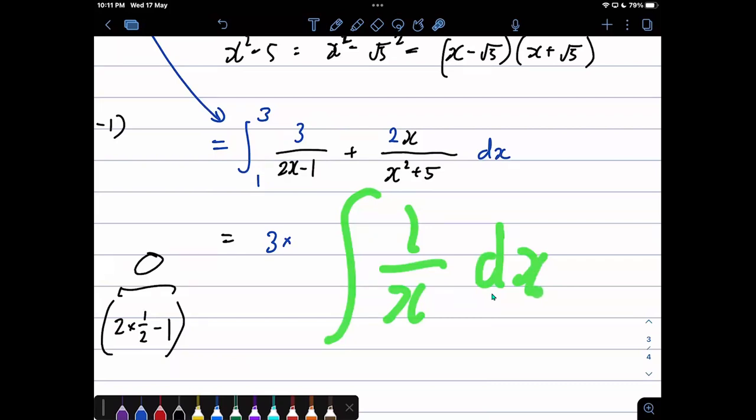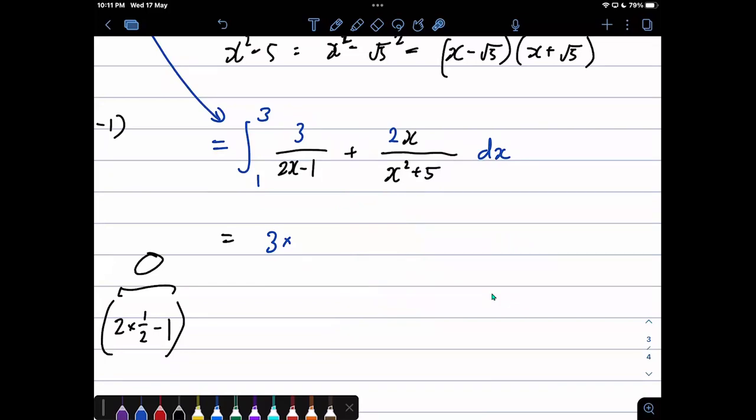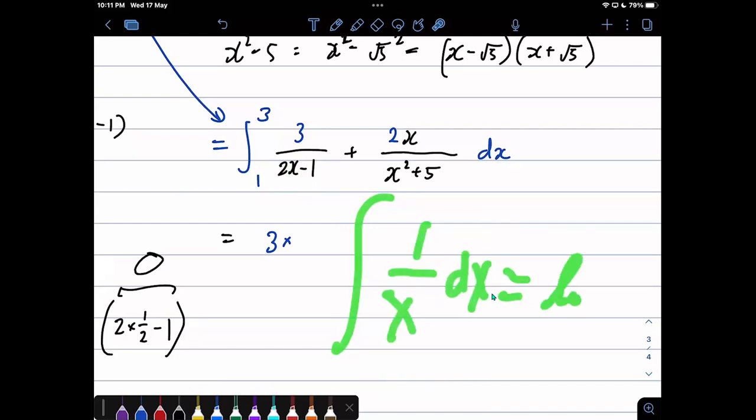Exactly, but the x, 1 over x is now 2x minus 1. So that means integral of 1 over x dx is ln of x modulus. But the capital X now is 2x minus 1.